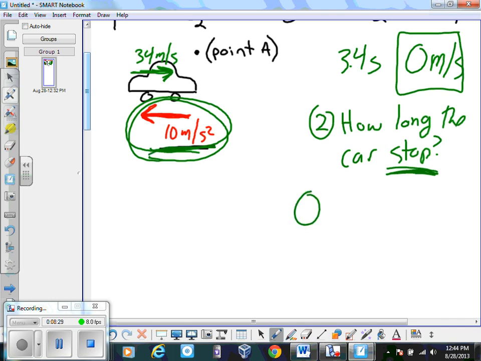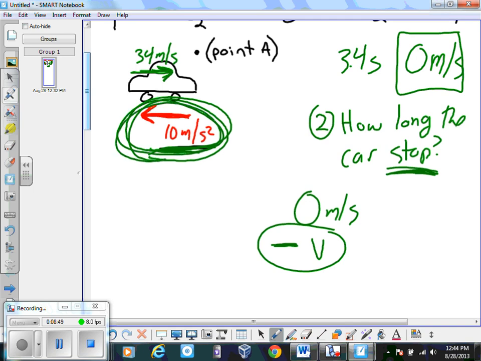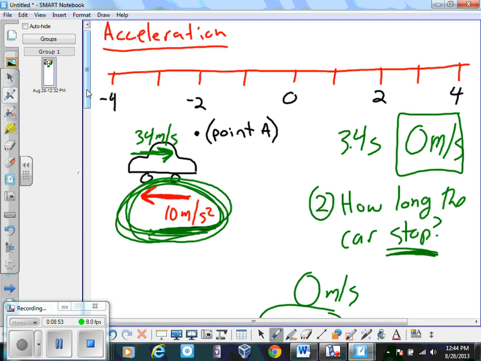So 1 instant I'm at 0 meters per second. The very next instant I'm at some negative velocity. You know what it would be? Well, an instant is so small, you can't really define that. But it's going to be in the negative direction because this acceleration doesn't stop when the car stops. It continues to happen. Okay, so that's the answer to your second question.